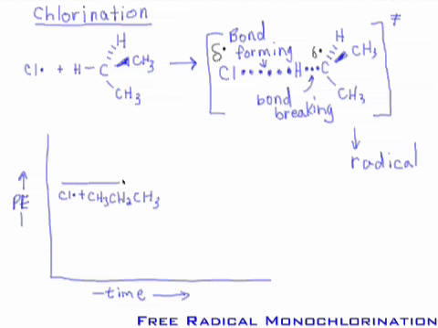Now we're going to have two different lines here. I'll make one blue. The blue line will be to HCl and the isopropyl radical. Okay, so CH3 bracket twice CH dot.